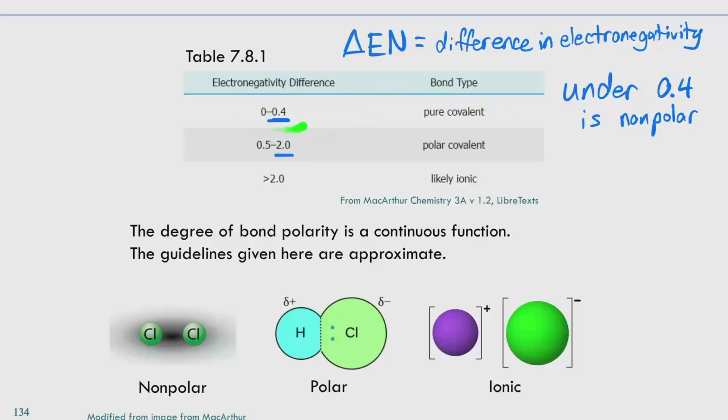If it's under or about 0.4, nonpolar. There might be a little bit of pull one way or the other, but it's not that big of a difference. Anywhere from 0.4 to 2 is going to be polar. Anything above 2 is ionic.